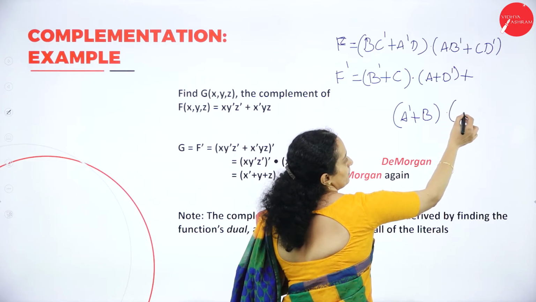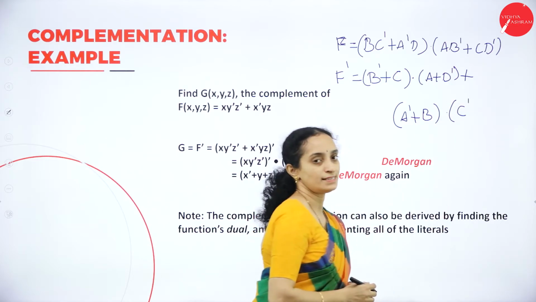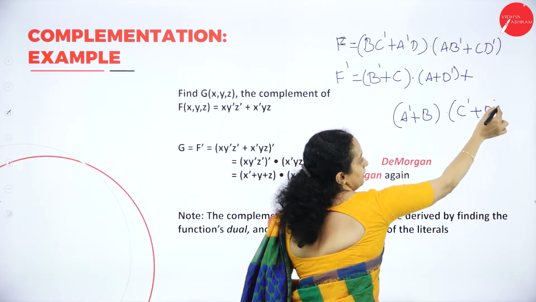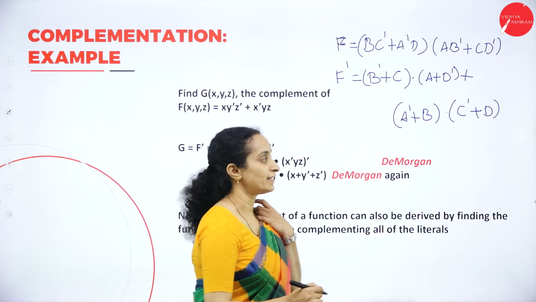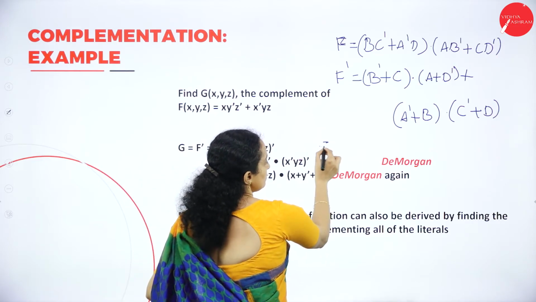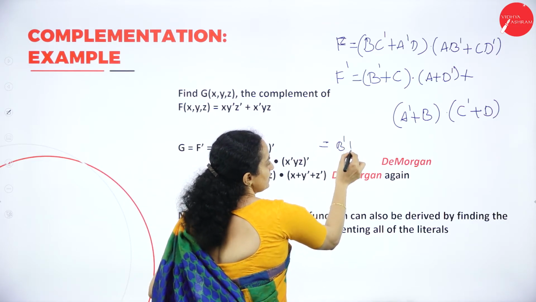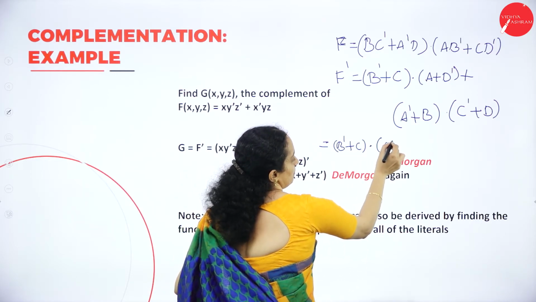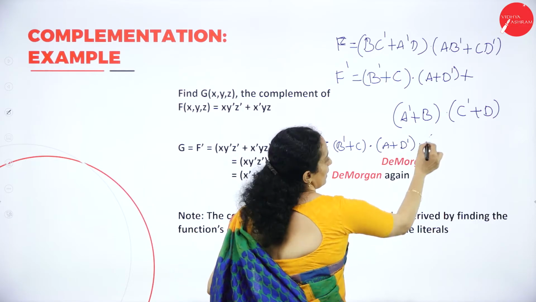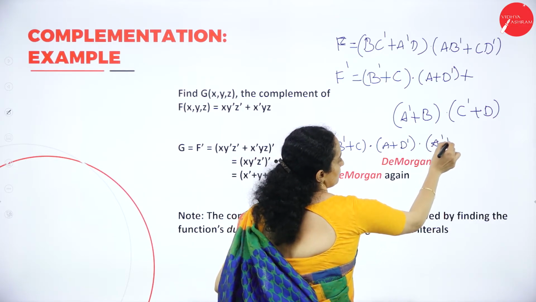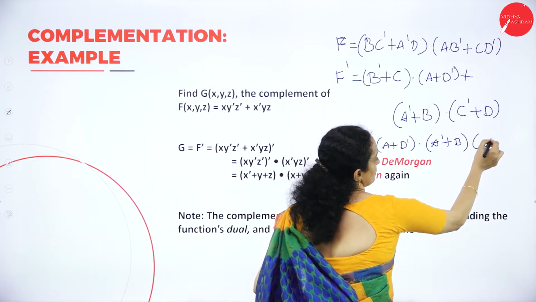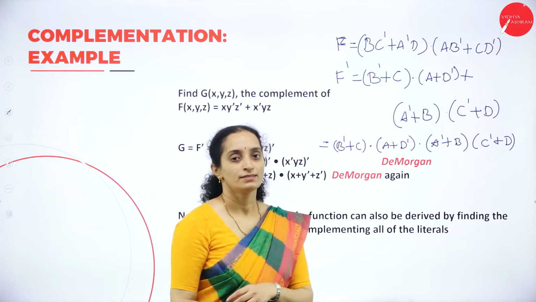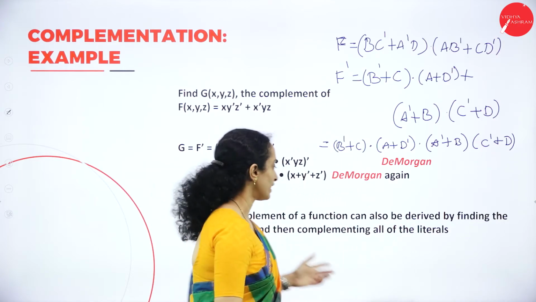C will be c dash plus d dash will be d. Okay. Final expression will be b dash plus c into a plus d dash into a dash plus b into c dash plus d. Okay. So this is the final expression. We will take another example.